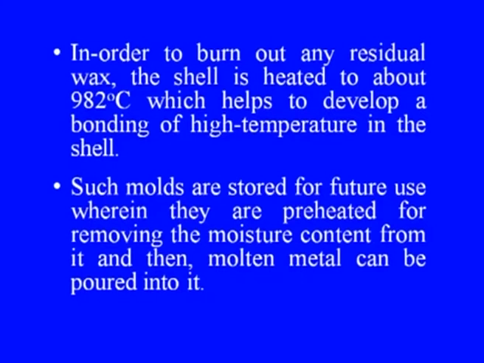Upon completion, the entire assembly is placed into an autoclave or flash fire furnace at a high temperature. In order to burn out any residual wax, the shell is heated to about 982 degrees Celsius, which helps to develop a high temperature bond in the shell.